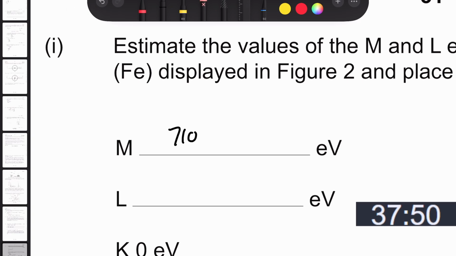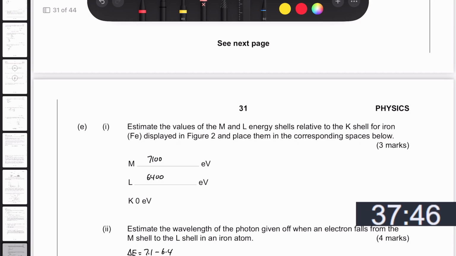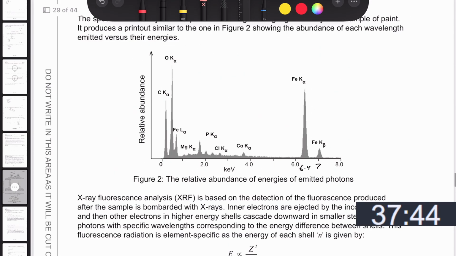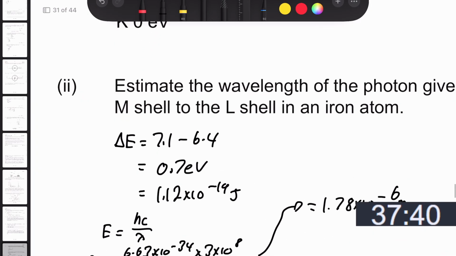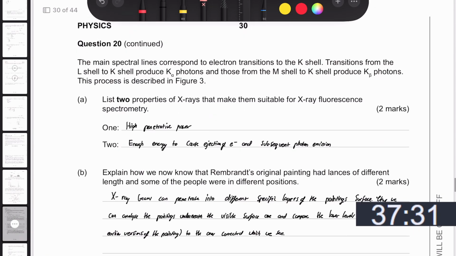Okay. That's massive then. For iron. What the heck? This is actually 700 electron volts? Are we sure?